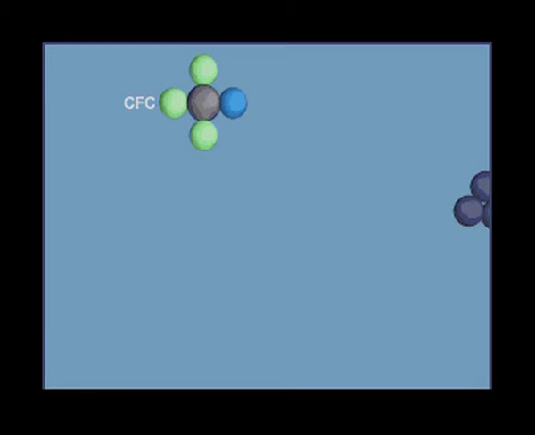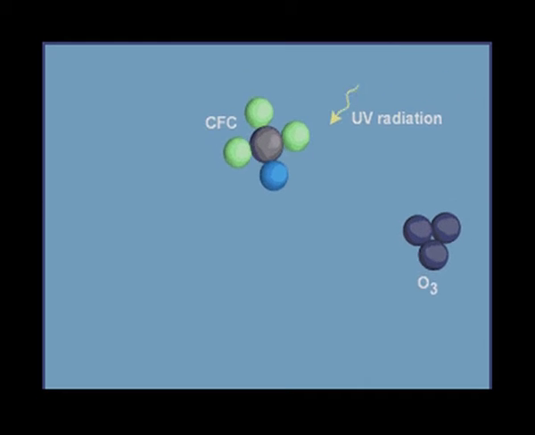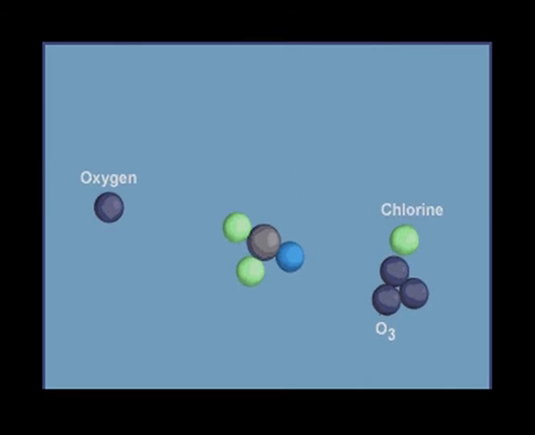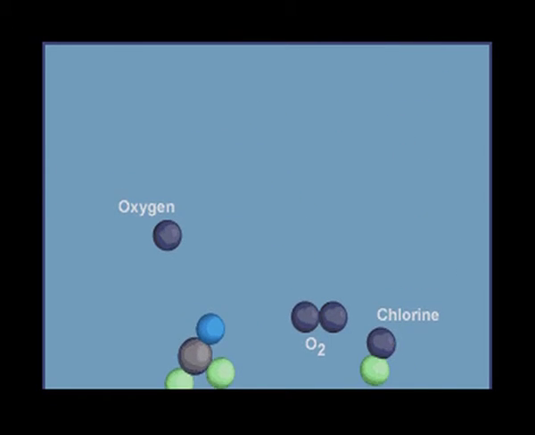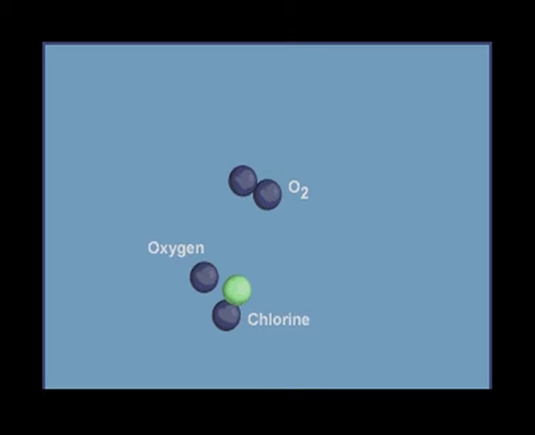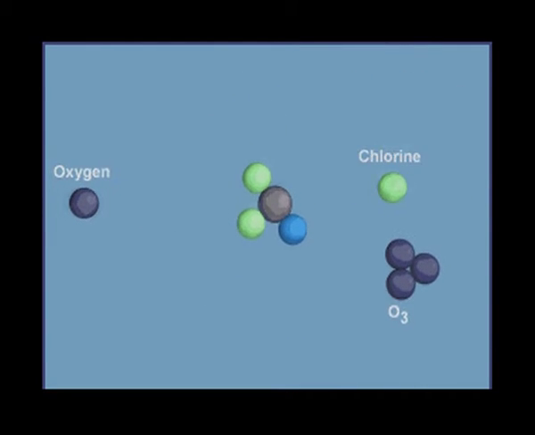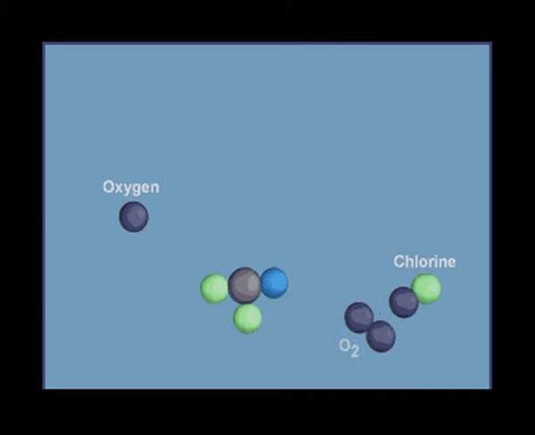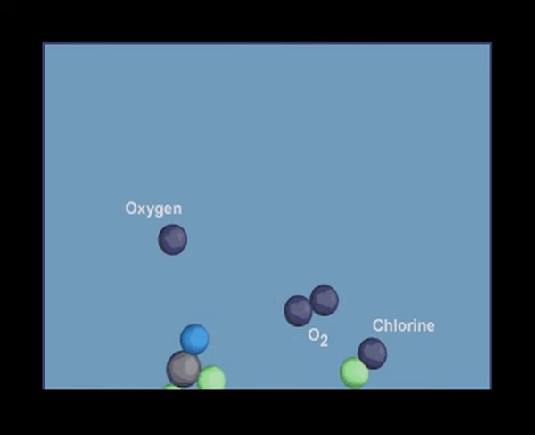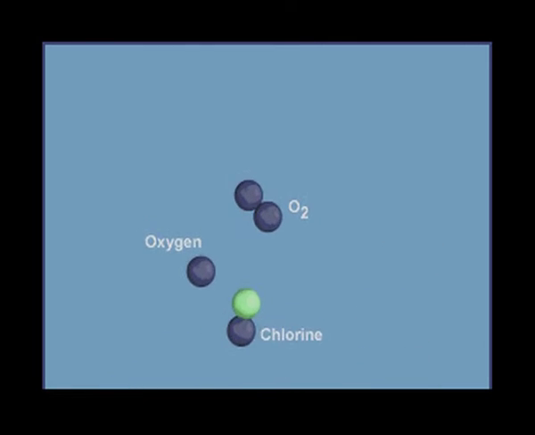The ultraviolet rays hit the CFC molecules and the free radical combines with O3 to form diatomic oxygen and chlorine oxide radical. A single radical can break down nearly 1 lakh ozone molecules.